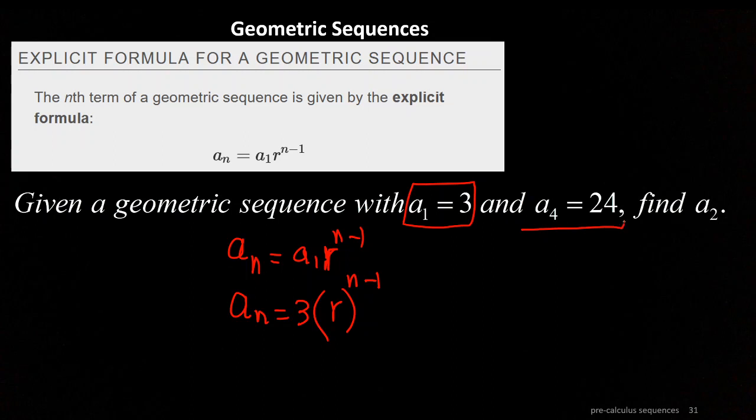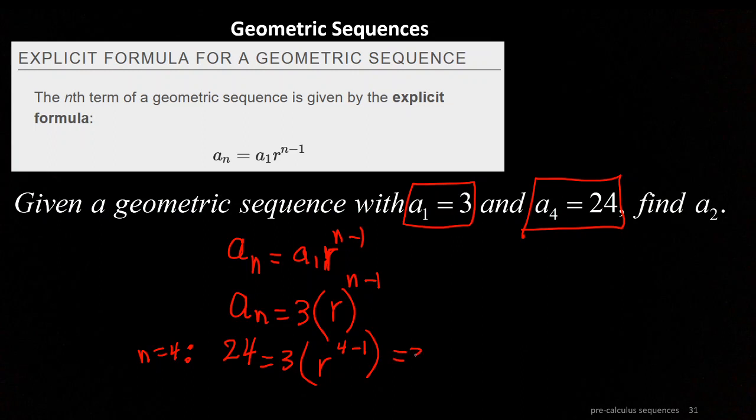But we have another piece of information, that A4 is 24. So A4 means when n is what? 4. So when n is 4, what do we have? A4 is 24. So you can put 24 here equals 3 times r to 4 minus 1, right? Because that's a sub 4.